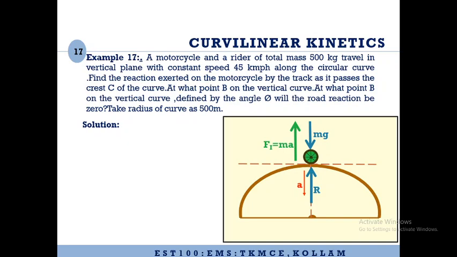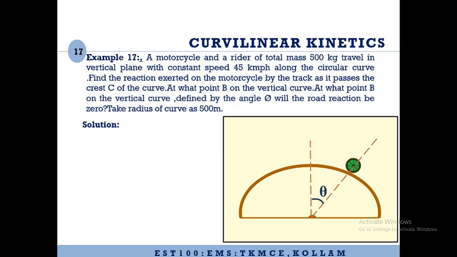Again, the next part of the question requires us to find out at what position, defined by theta, it is going to lose contact with the ground. The forces acting on it will be the weight in the vertical direction, which we can replace by its tangential and normal, radial components.